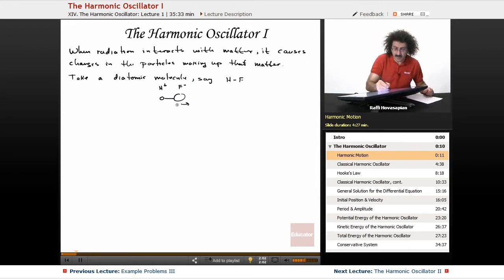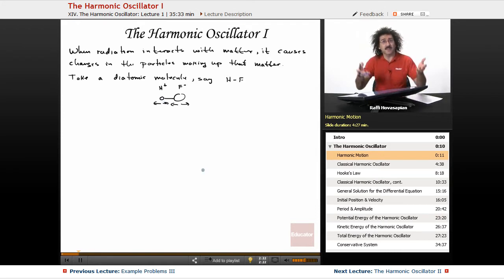This idea of a harmonic oscillator is a really nice model for the vibration of a diatomic molecule, and the vibration about a bond in general. Imagine a spring with two masses going like this; it's pretty much the same thing. If we can study this harmonic oscillator, extract some information from it, and then come up with a quantum mechanical version of it, it'll give us a lot of information.